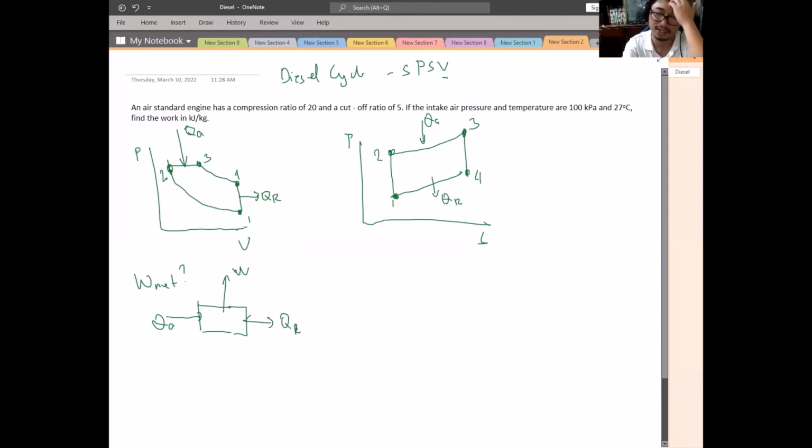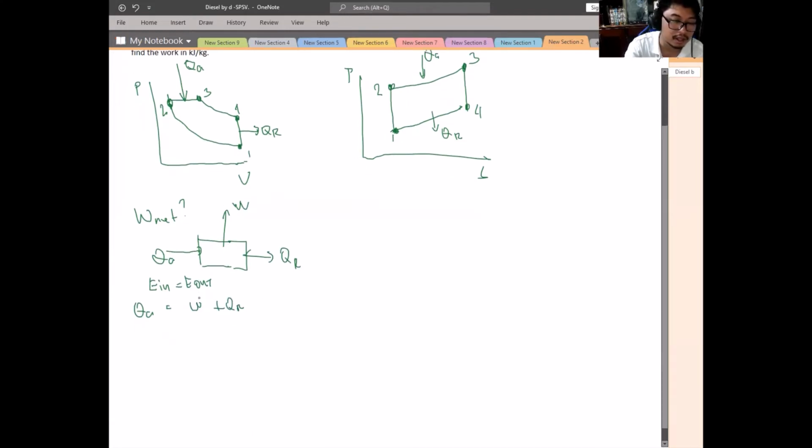By energy balance, energy in is QA, and energy out is the work plus QR. Simplifying, work equals QA minus QR. So that is the net work.